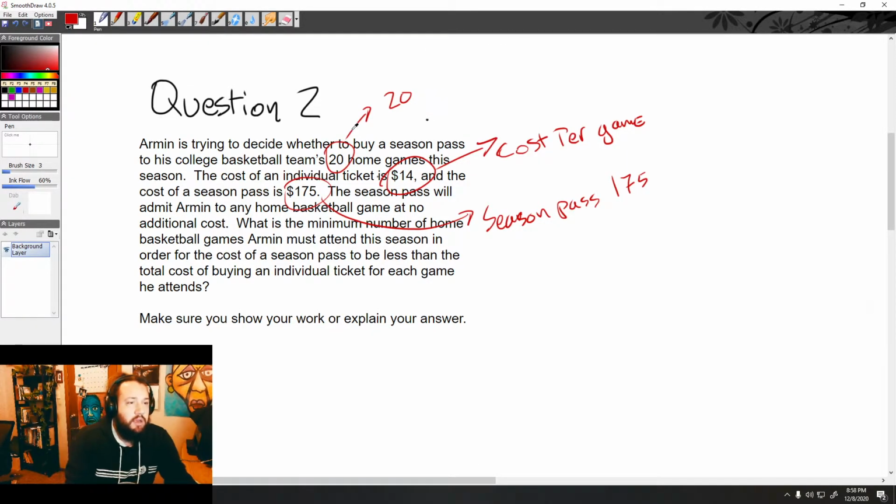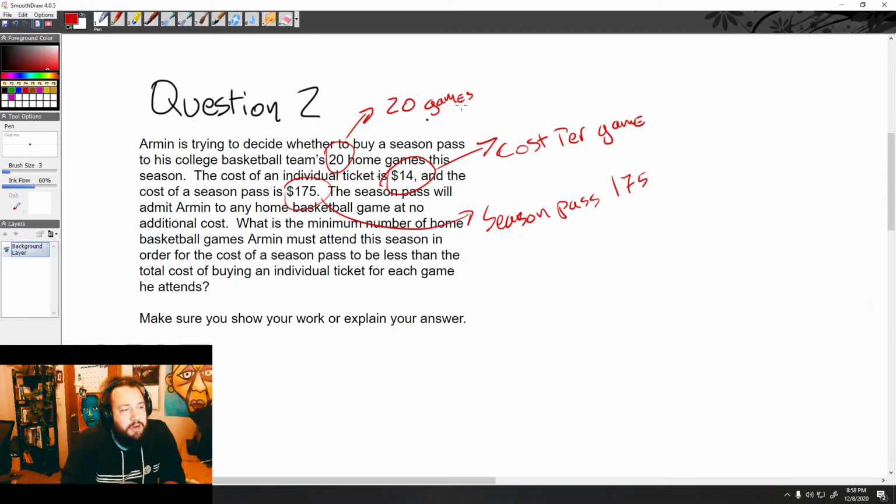So 20 games is our total here. The season pass will admit Armin to any home basketball game at no additional cost. So with the season pass, he can just go for free. He pays the $175. He goes for free every game.